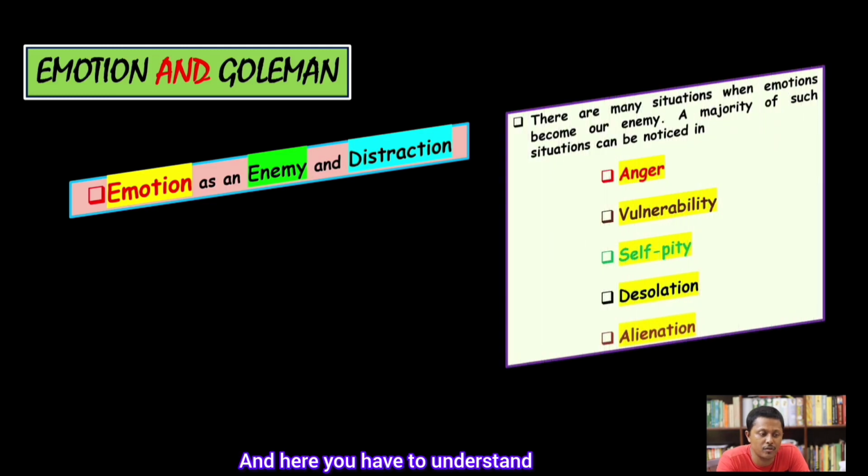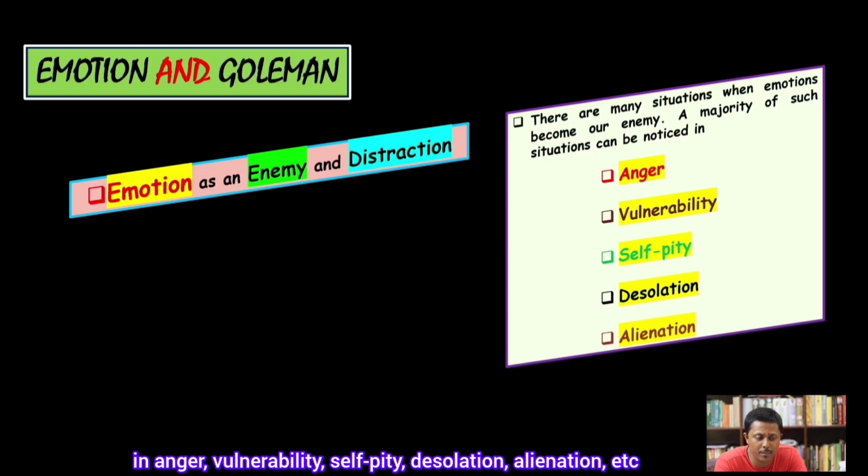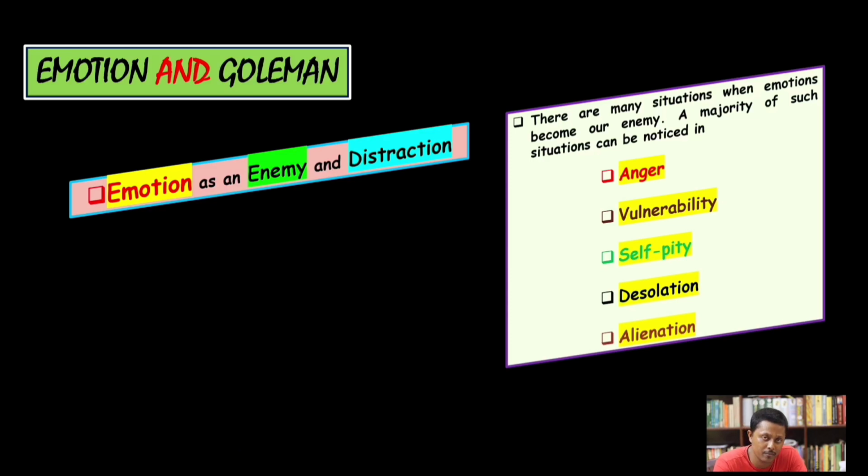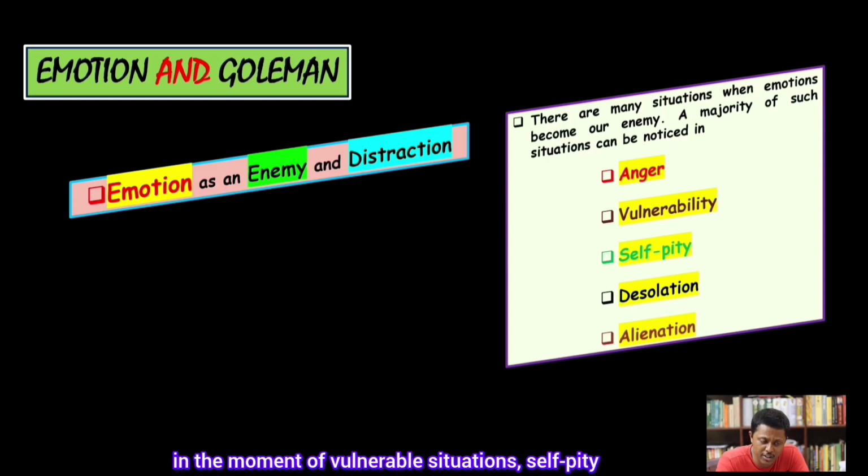And here you have to understand that there are many situations when emotions become our enemy. A majority of such situations can be noticed in anger, vulnerability, self pity, desolation, alienation, etc. We all have encountered such situations: in the moment of anger, in vulnerable situations, self pity, alienation, desolation.